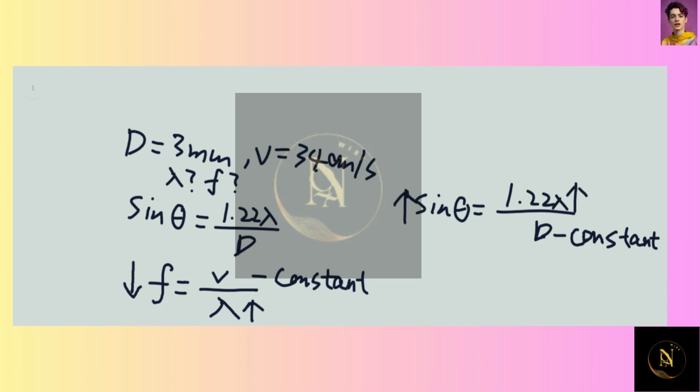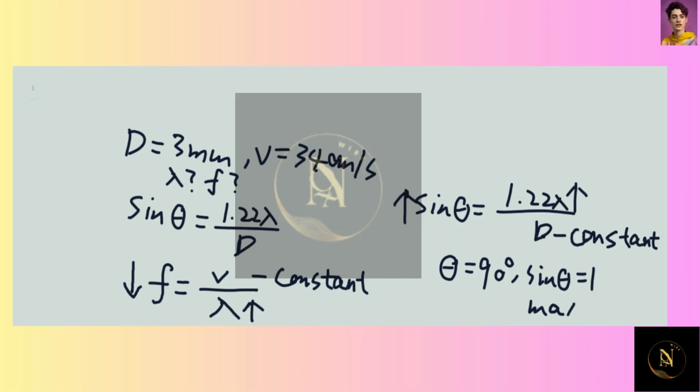Once one increases, the other must increase as well. So to get the largest wavelength, we need the largest sine theta value, and the largest sine theta value is 1, which happens when theta is equal to 90 degrees.